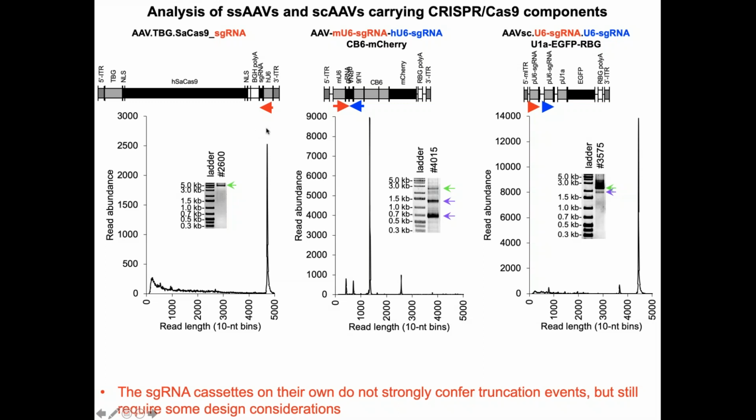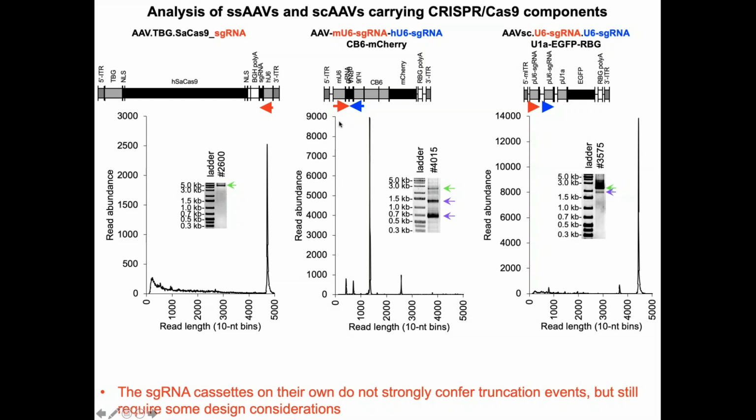And so that's really the good news, that AAV strategy coupled with CRISPR-Cas9 editing are fully compatible, and they on their own don't really generate the strong heterogeneity in vector preps. However, this is all dependent on design strategy.